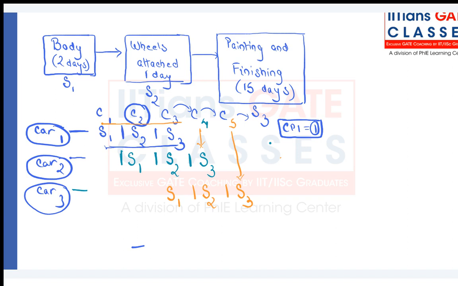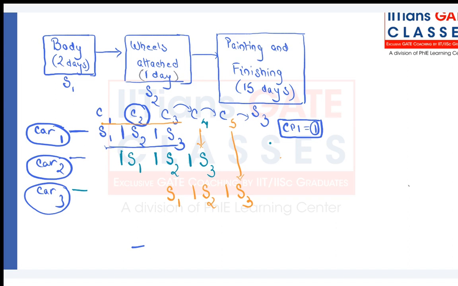Now, if you have understood this, the other thing you have to know is these are cycles, right? We need to talk in terms of time. How much time it will take per stage? So let's use a different color, gray. S1 took 2 days, S2 took 1 day, S3 took 15 days, right?